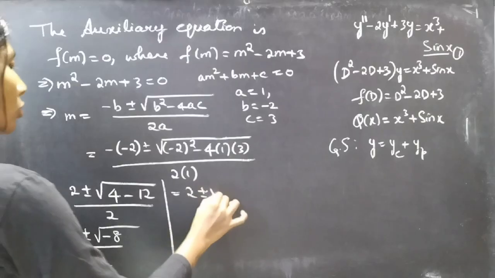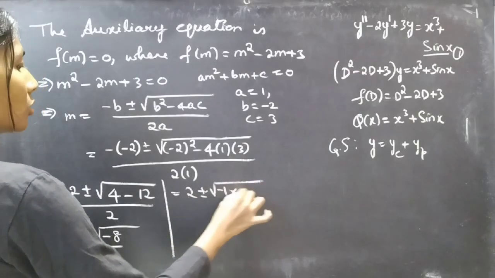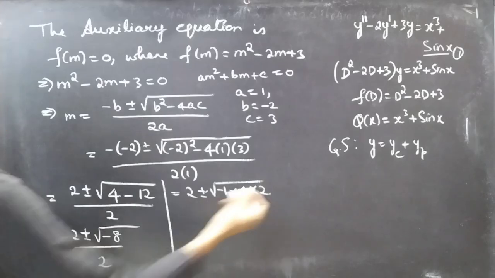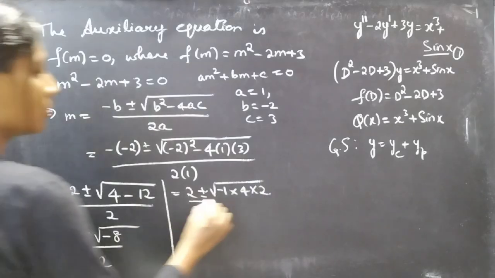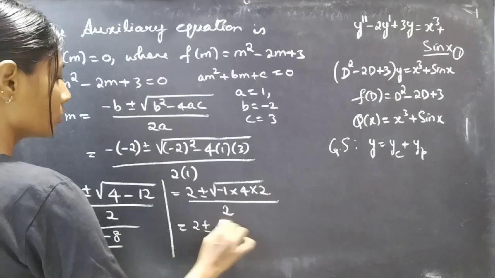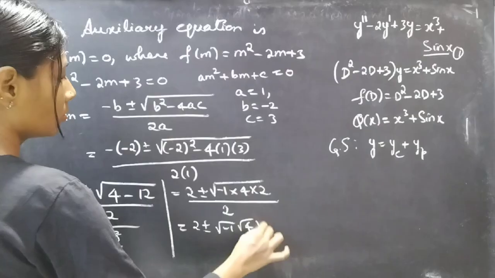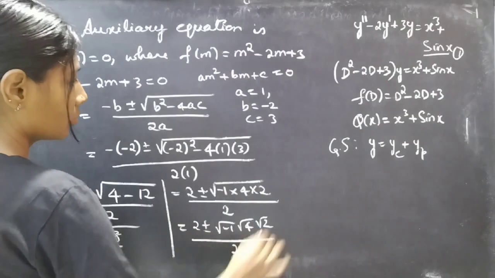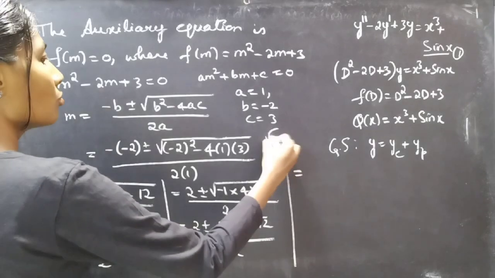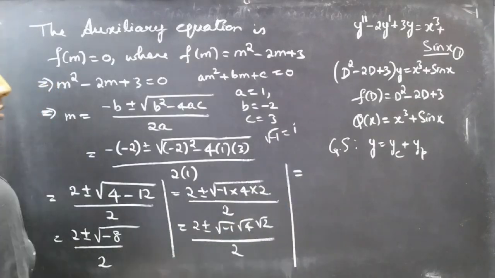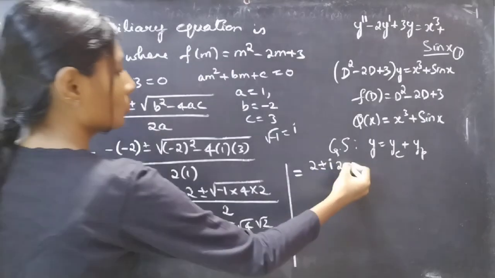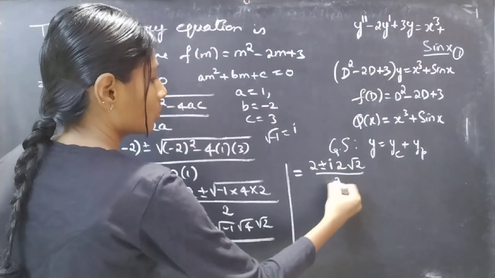We can write square root of minus 8 as minus 1 into 4 into 2. See, minus 1 into 4 is minus 4, minus 4 into 2, again you'll get minus 8, right? Now split the square root. Since we know that square root of minus 1 is i and square root of 4 is 2, we'll get 2 plus or minus i into 2 into root 2 by 2.